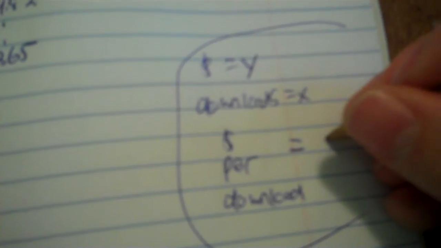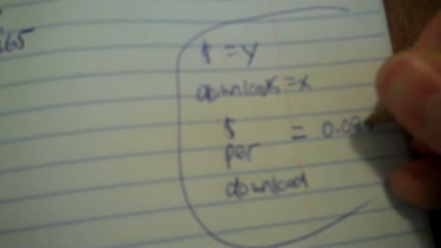Dollars per download's 9 cents, so 0.09x is your rate of change. And then remember, you started at -5 plus, and then equals y. So the equation is -5 because you pay it, then you start earning, equals y.